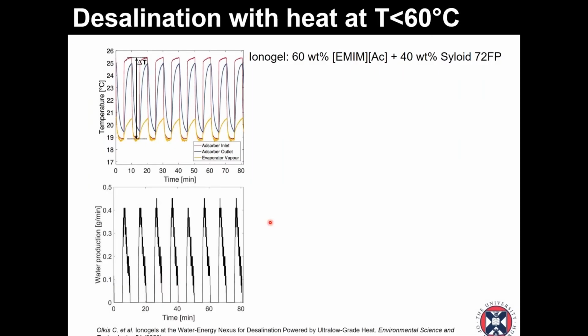So we went to the system, we did our temperature swings of 5 C, as you see from the graph here, with the material I showed before, and we could really observe some amount of water produced.